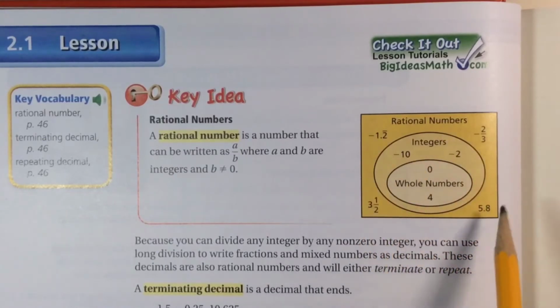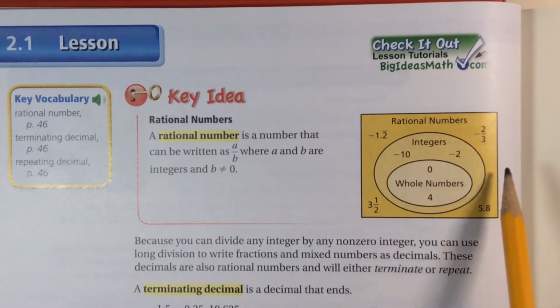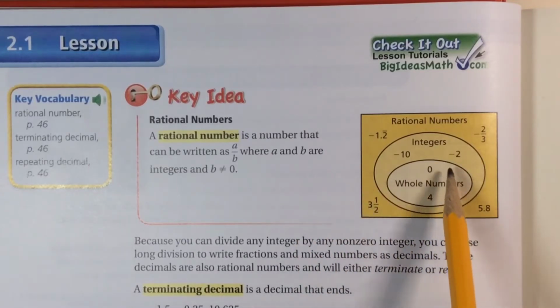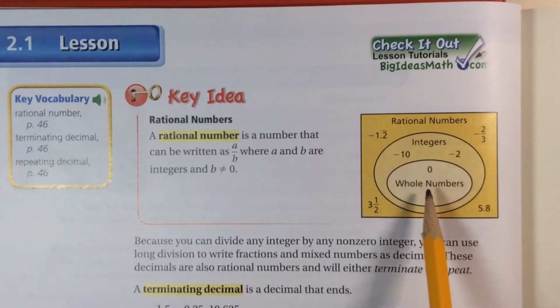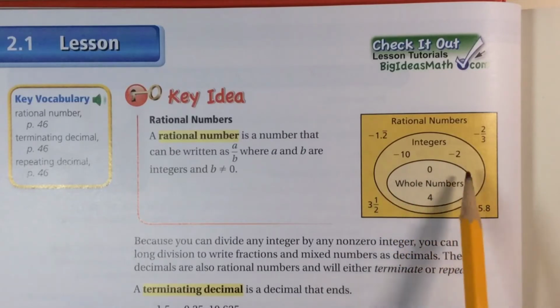I love this thing right here. It's kind of like a Venn diagram, although there are no overlapping circles. But whole numbers, we talked about whole numbers are 0, 1, 2, 3, 4, 5, 6, 7, and it goes on, so it's just the 0 and the natural numbers. So all the numbers that you first learned.